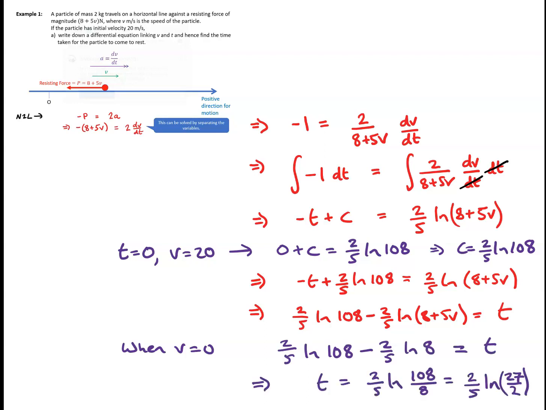In other words, t is 2/5 of the logarithm of 108 take away the logarithm of 8. And when we're subtracting logarithms, that's the same thing as just dividing the numbers themselves. So logarithm of 108 take away the logarithm of 8 is the same thing as the logarithm of 108 over 8, which cancels down to 27 over 2. So we've got the time for it to come to rest is when t equals 2/5 natural logarithm of 27 divided by 2.